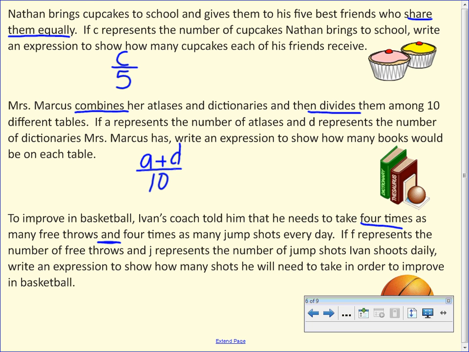Well, we want 4 times as many free throws plus 4 times as many jump shots. But how can we write that using fewer symbols? It's 4 times as many free throws and 4 times as many jump shots. Do we see something in common there? What can we do?